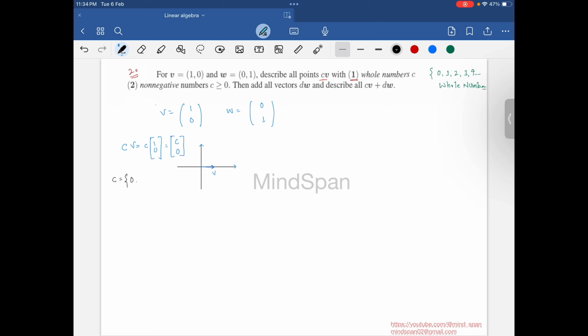We can take 0, 1, 2, 3. So what space are we going to get with this combination of v? You will have the vectors 0 0, 1 0, 2 0, and so on.